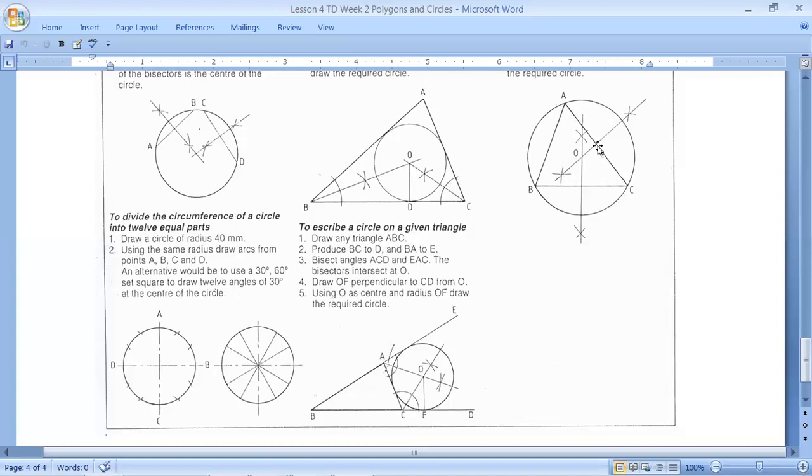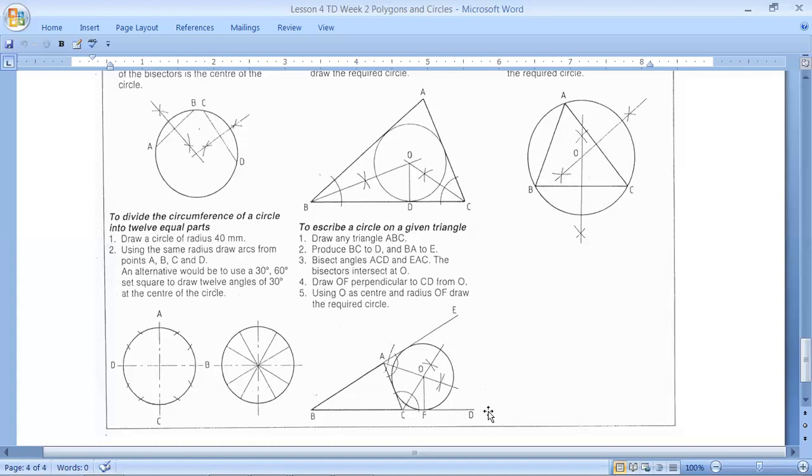Topic number 2, lesson 2. Divide this line in two equal parts. Divide this other line in two equal parts. The intersection of the two bisector lines, this is bisector line and bisector line. This intersection, you place the needle of the compass in here, connecting to A, B, or C, and when you draw the circle, you will see that the circle will pass through the 3 vertices of the triangle.